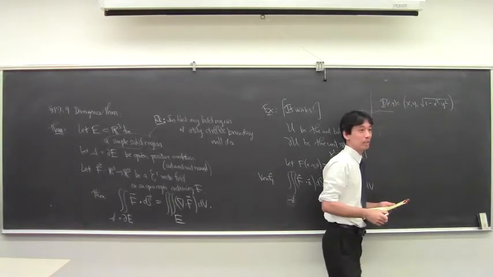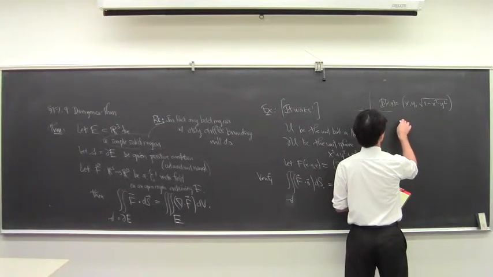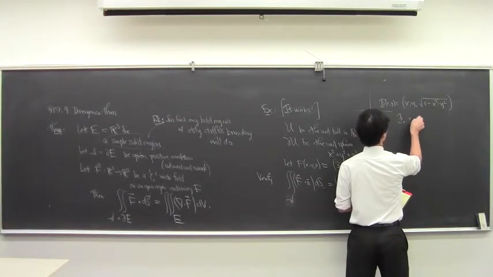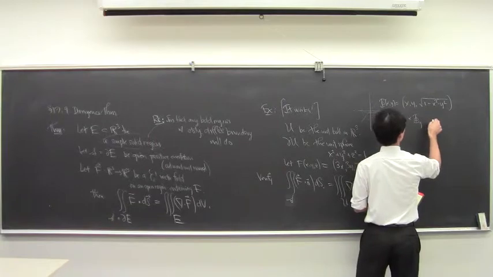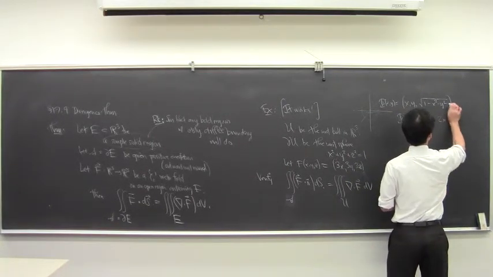Yeah, and then I found the cross product of the partials of that, which is 2x over the radical thing, comma 2y over the radical, comma 1.